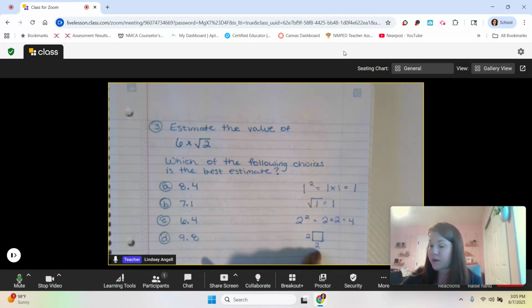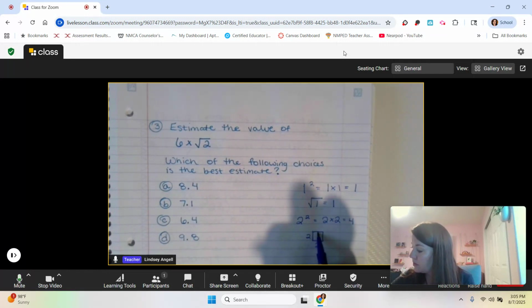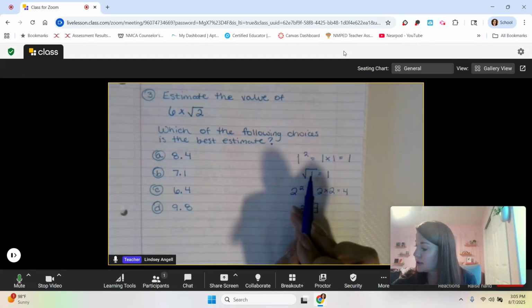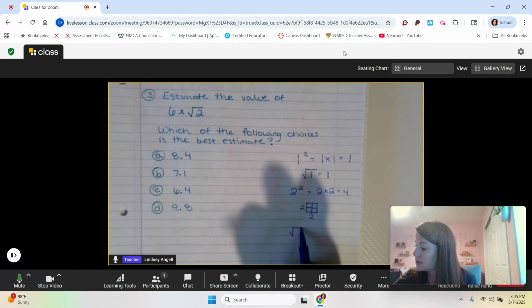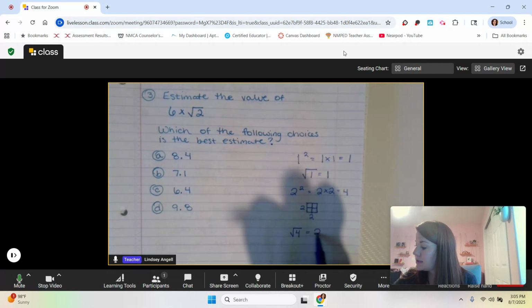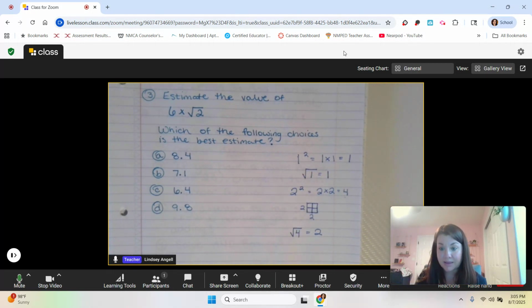If I multiply those together, I get 4. Okay? Well, just like we did up here, we can then think the square root of 4 is 2 because 2 times 2 equals 4.